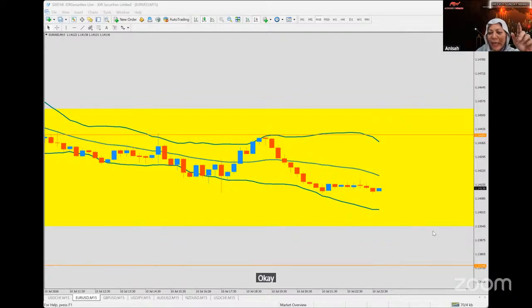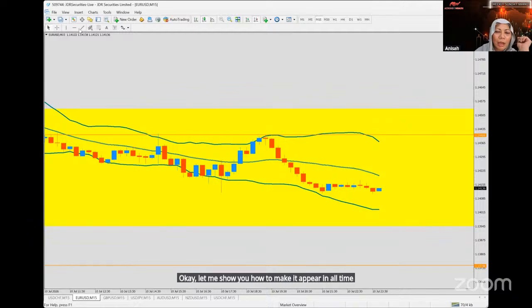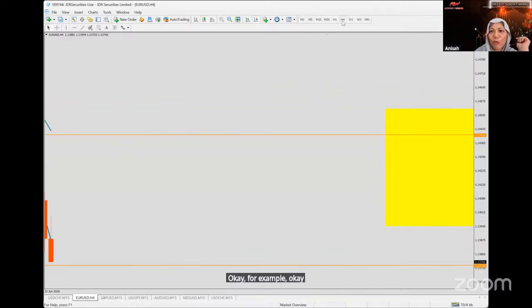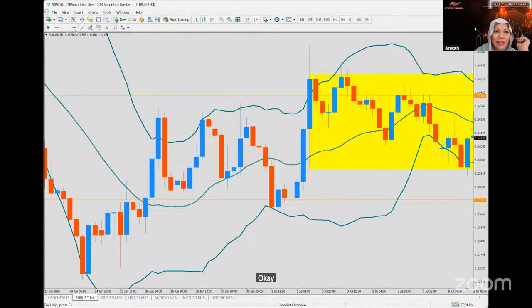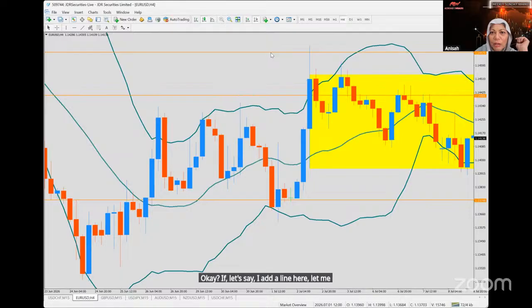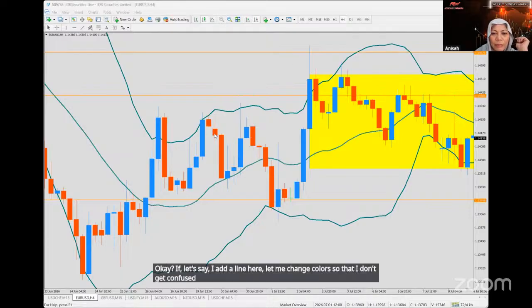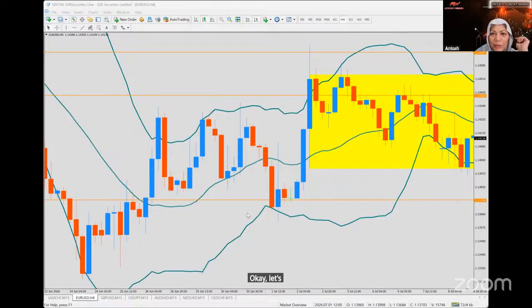When placing that line, let me show you how to make it appear in all time frames. For example, let's go to H4. If let's say I add a line here, let me change color so that I don't get confused. Let's use purple. On visualization, you make sure the show on all time frames is ticked.